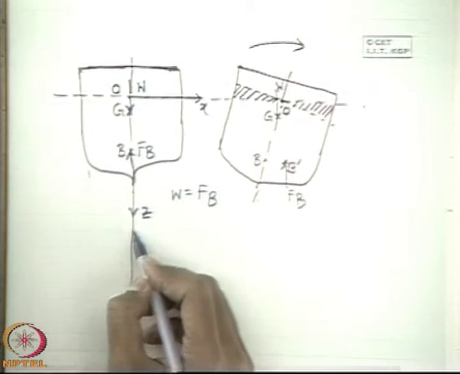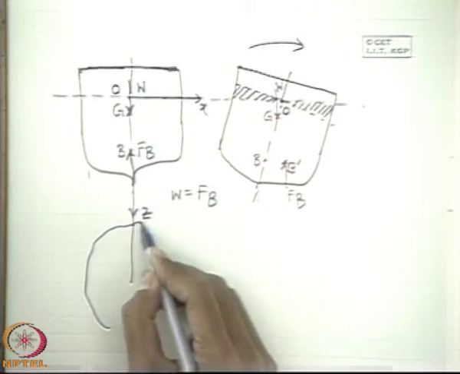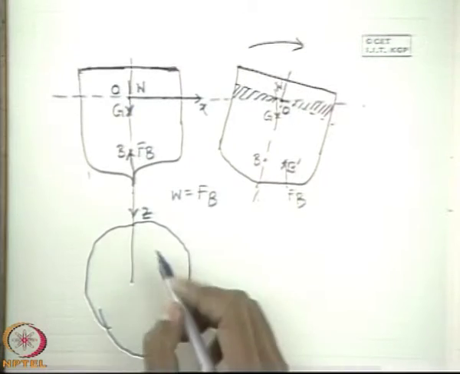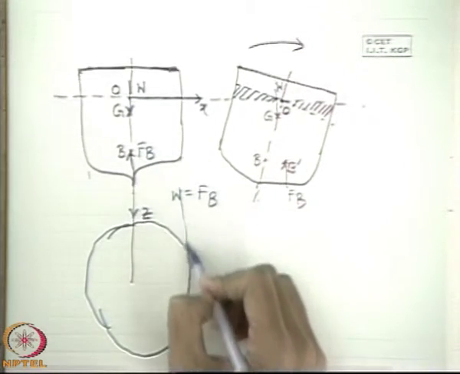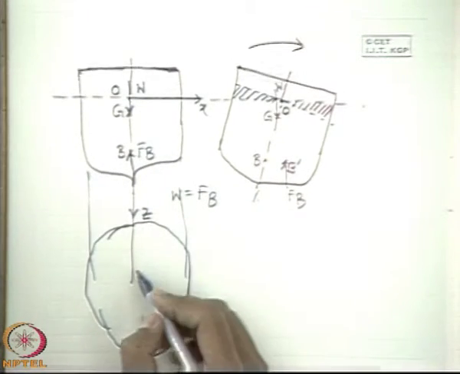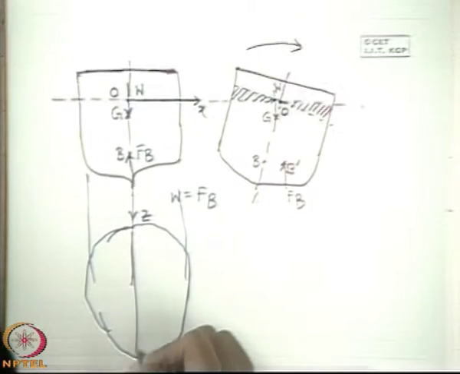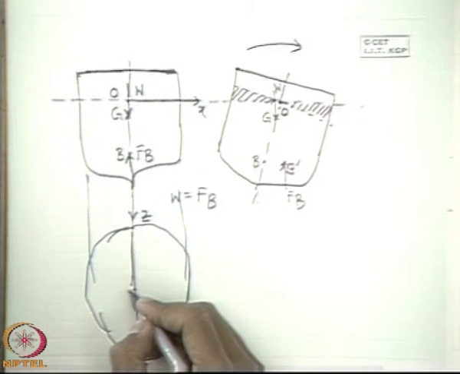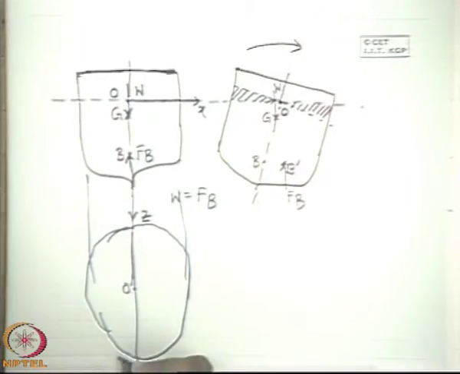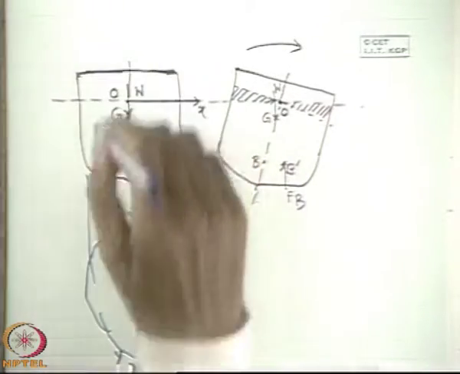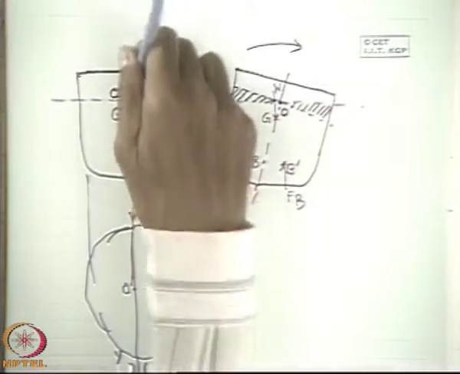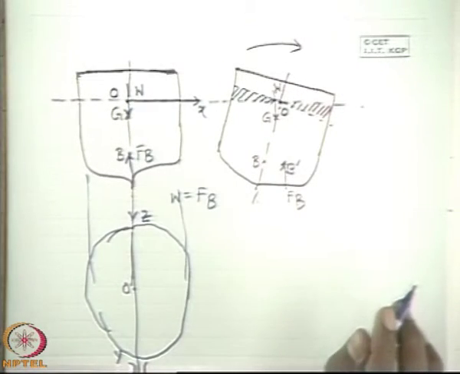That means if we see an arbitrary cross section like this, Y will be along this direction, and if we define O somewhere here, this is OY, perpendicular to it. X, Y, and vertically downward is Z. I think it is all right.